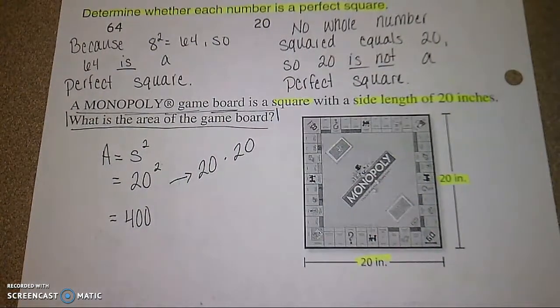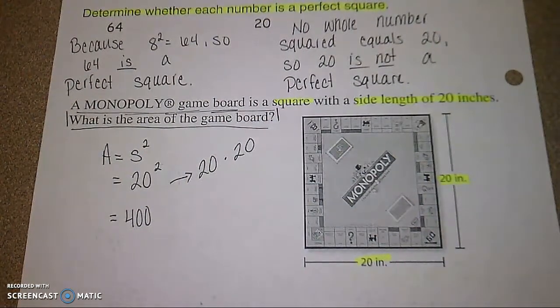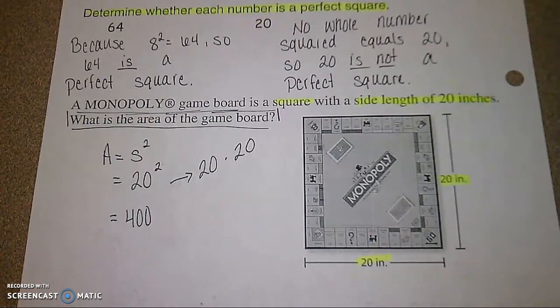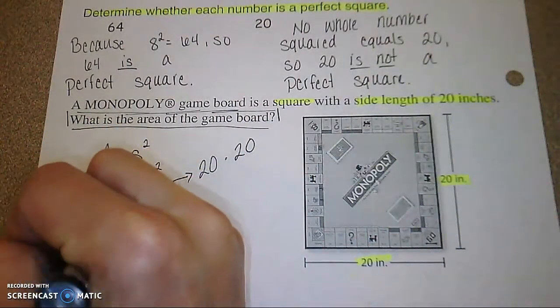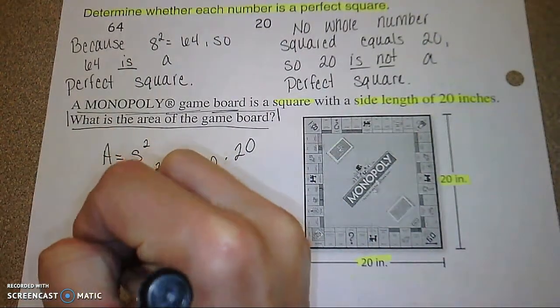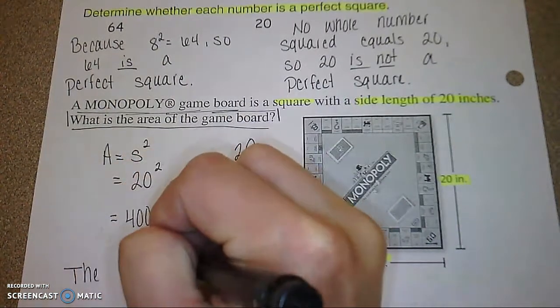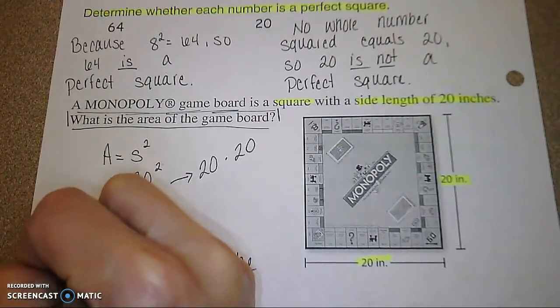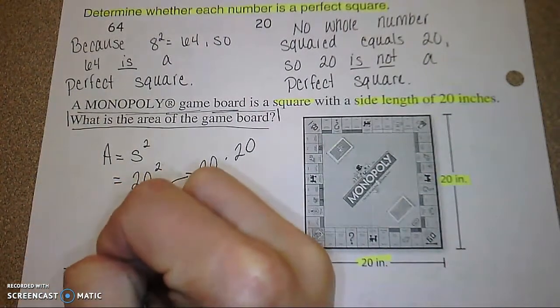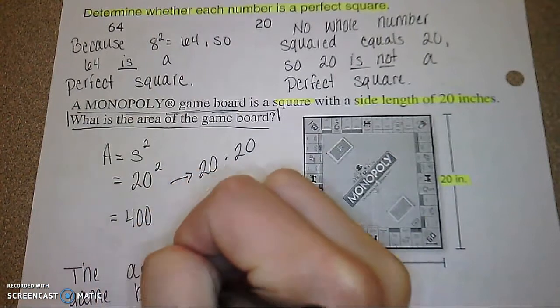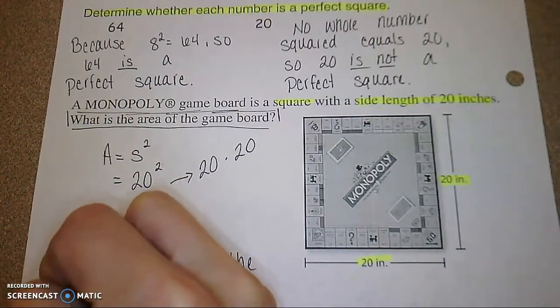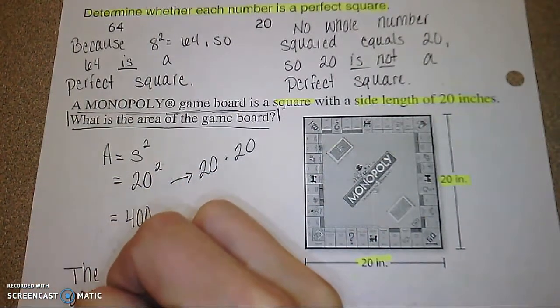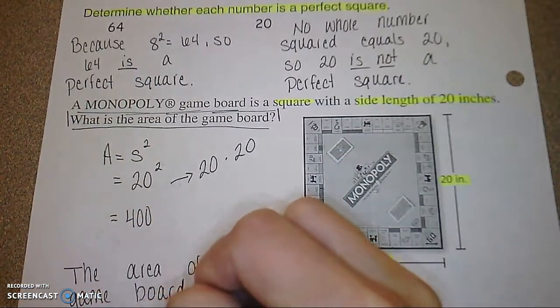Now I need to go back to the question that I boxed, and I need to answer that in a complete sentence. So what is the area of the game board? I'm going to say the area of the game board is 400 inches squared. No naked numbers here.